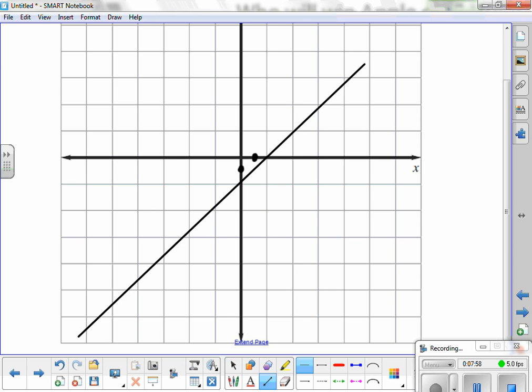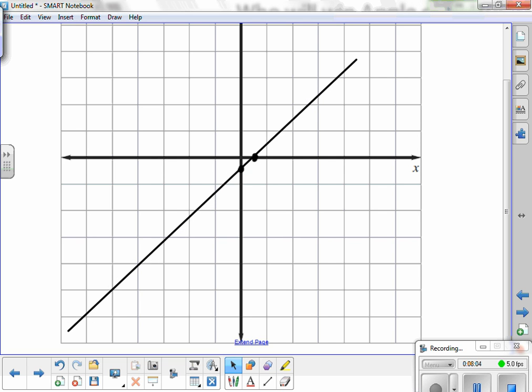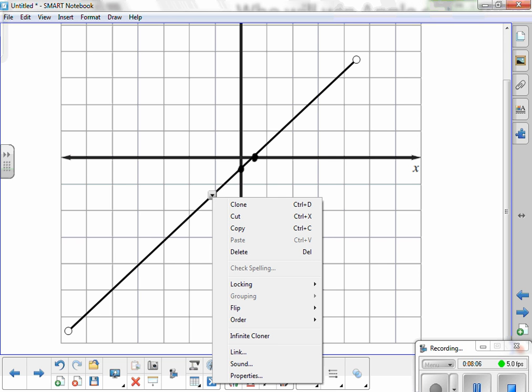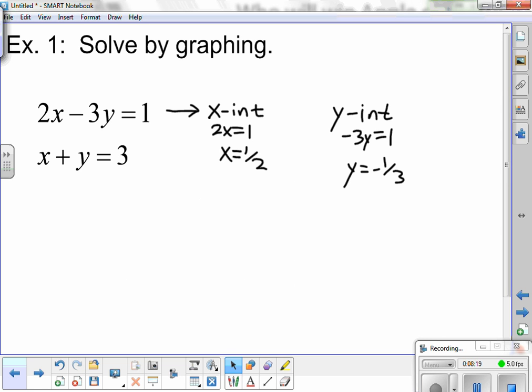And there you go. Okay. So that's one of our equations. That's all the solutions that work on there. So now we're going to do the other one.